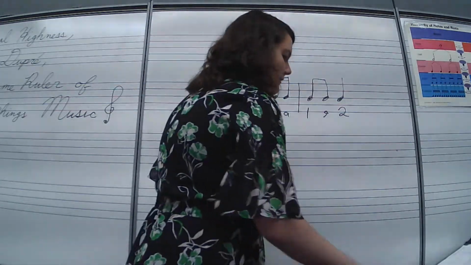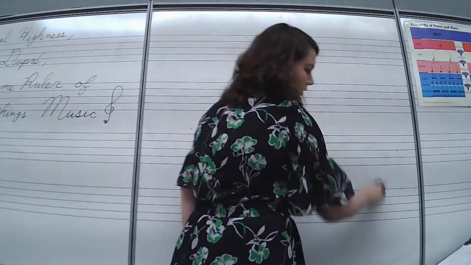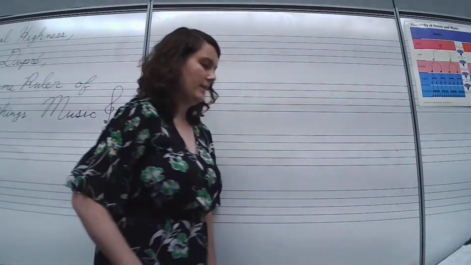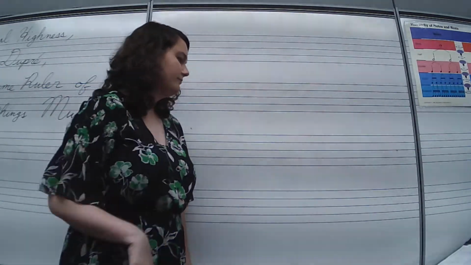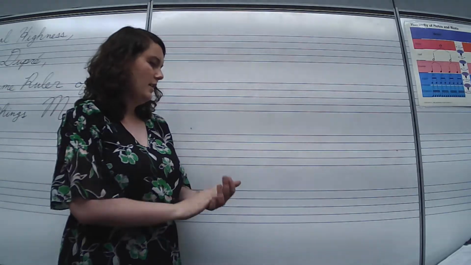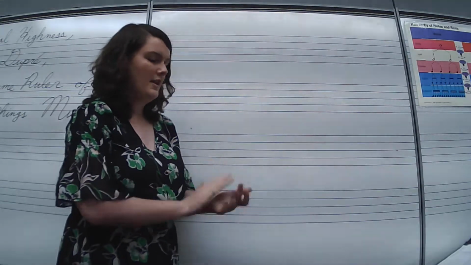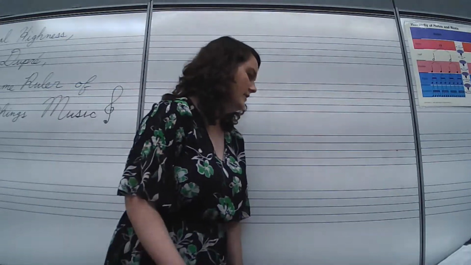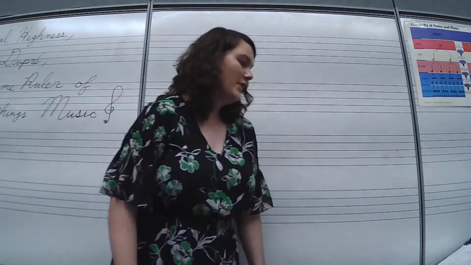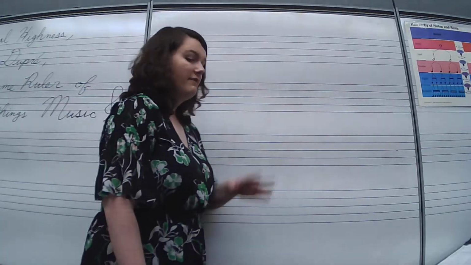Next, we have a 2/4 measure, and these notes are not beamed together. They're just written normally. We're only 2 beats per measure. Quarter note still gets the beat. This one goes 1 and 2 and 1 and 2, 1 E and 2 and 1 and 2. Pretty simple. The next one is a little trickier, 5/4. You won't see that very often, but it does exist. 5 beats per measure.